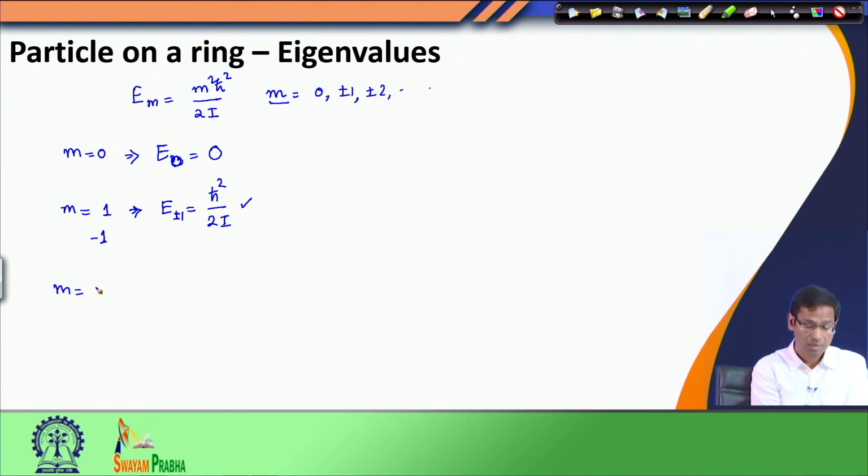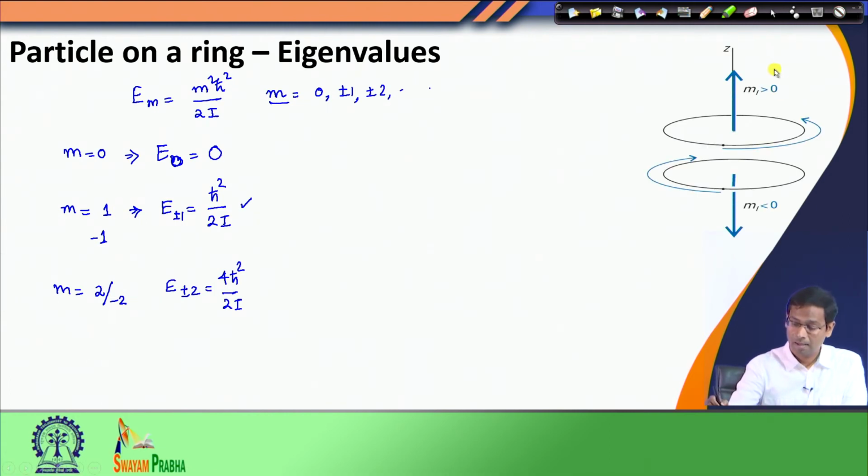Similarly, when m is 2 or m is minus 2, I would have the same energy, that would be m square, which is 4 h bar square by 2I. Again, this energy level is doubly degenerate. What we see here is that as I increase the values of m further and further, the energy is increasing, because this will simply become m square multiplied by this constant.